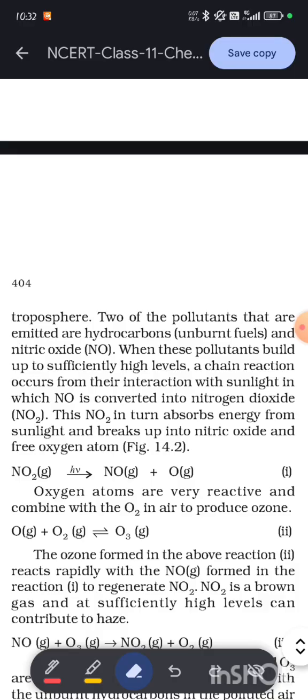When these pollutants build up to sufficiently high levels, a chain reaction occurs from their interaction with sunlight, in which NO is converted into nitrogen dioxide (NO2). This NO2 in turn absorbs energy from sunlight and breaks up into nitric oxide and free oxygen atom.